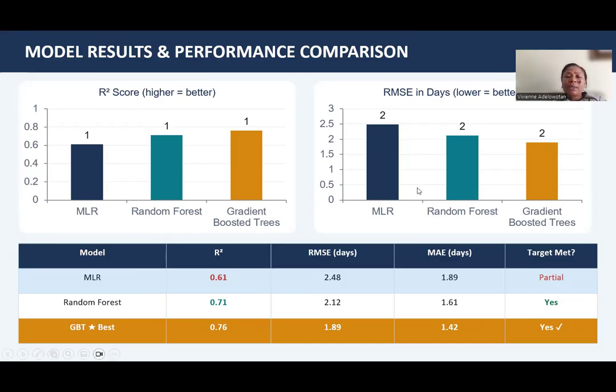Two of them met the threshold, meaning predictions are off by less than 2 days on average.